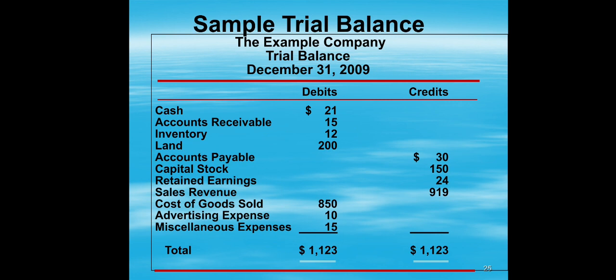If the total in the debit side does not equal the total in the credit side, then you know there is something wrong in the recording process that you have done in step 1, 2 or 3. So remember that is the purpose of preparing a trial balance.